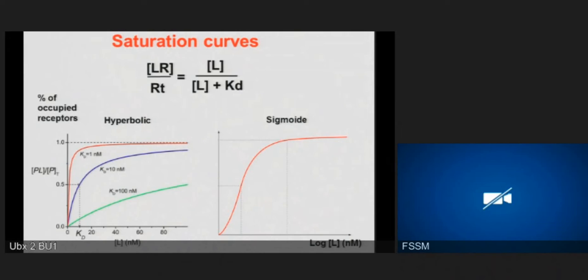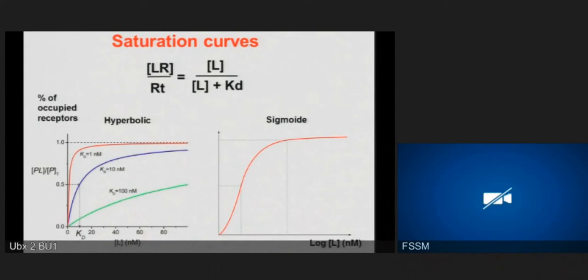So I put on the Moodle platform an exercise. Sometimes this is stupid, but you can do this and calculate from the KD obtained from hyperbolic representation to the KD obtained from the sigmoid representation.